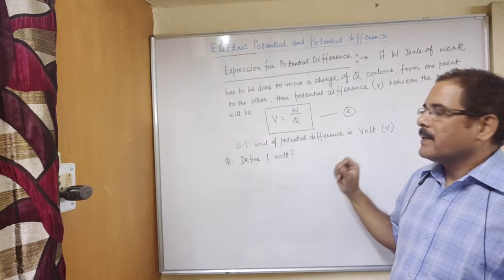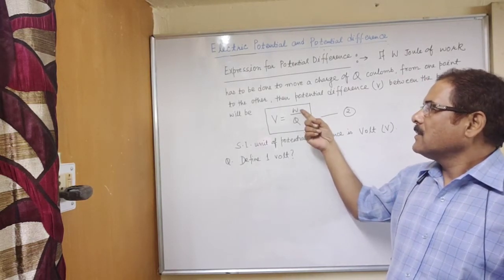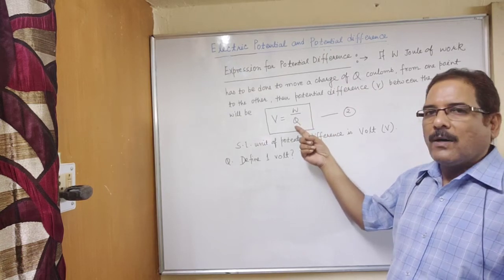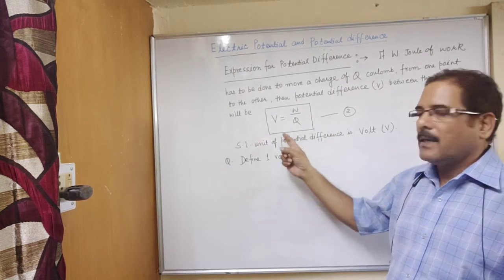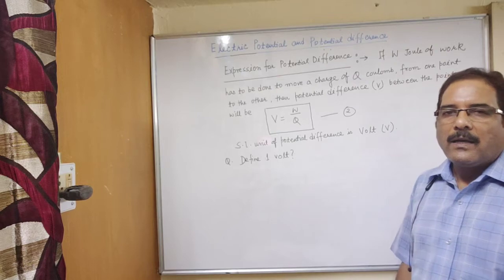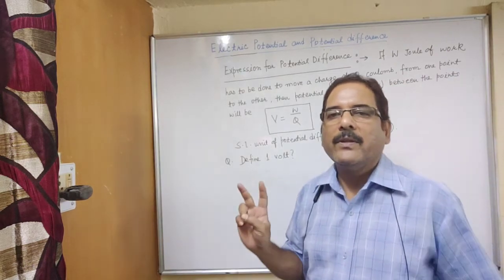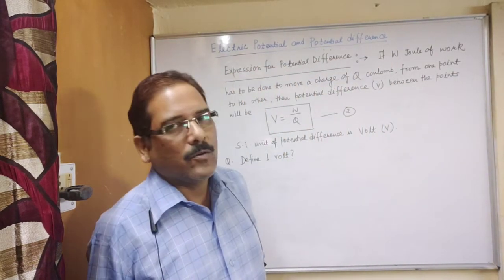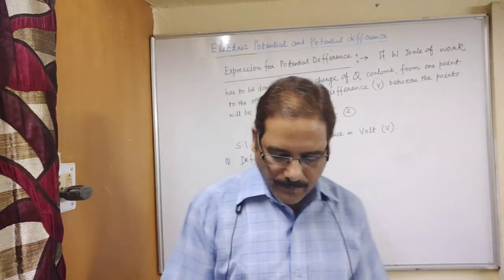You can write that if 1 joule of work is done to move a charge of 1 coulomb from one point to another, then the potential difference between the 2 points in an electric field is said to be 1 volt.